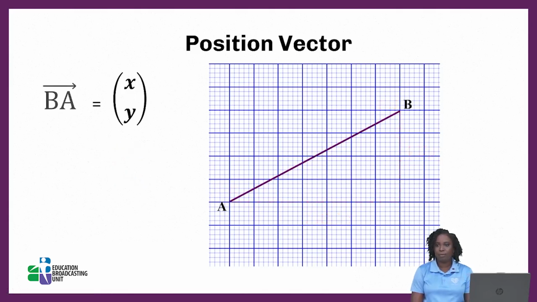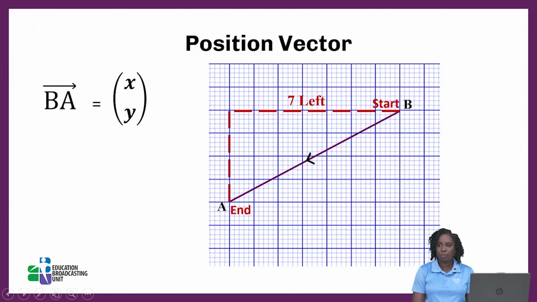Now let's turn it around. What if it were BA instead? So of course, B would now be the start, which therefore means our arrow is going to have to point in the direction that we want the vector to go to. So BA, B is the start, A is the end. And again, because our X value comes first, we need to consider whether we're going to be moving left or right. And so we know that we're going to the left, and it's to the left 7 places.